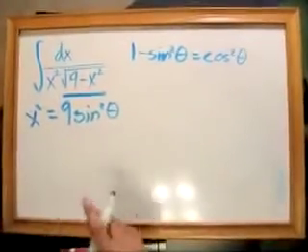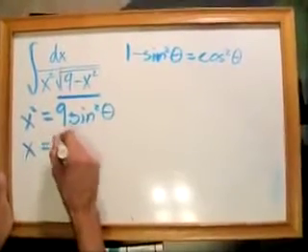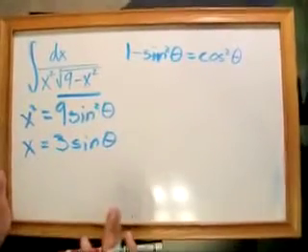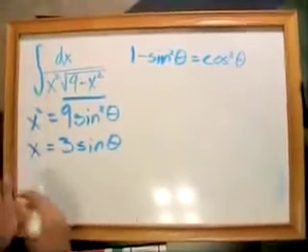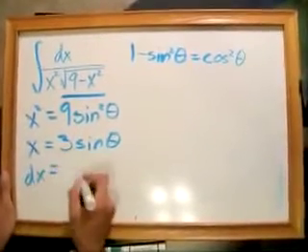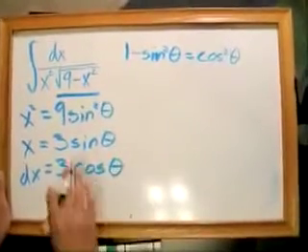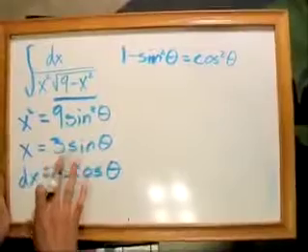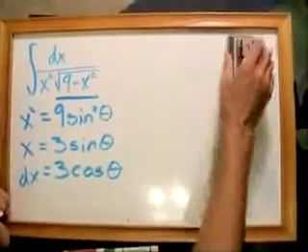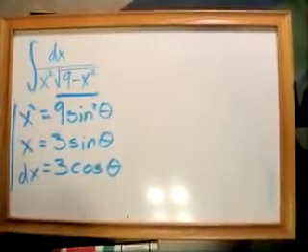Okay, so then we have to square root it, and we get x equals 3 sine theta. And there's one more substitution we need to figure out, and that's the dx. So we have to derive this, and we get dx equals 3 cosine theta. So those are all the substitutions that we need to solve this problem. The next step is to plug everything we know back into the problem.